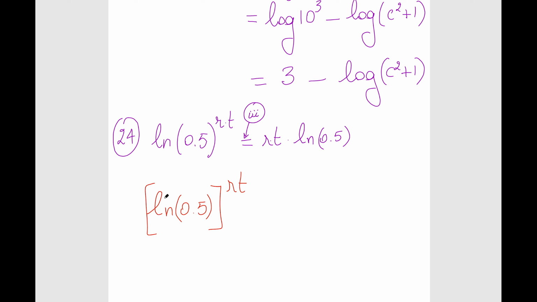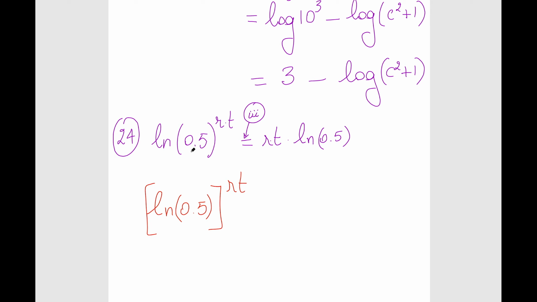What does this mean? How does the red part differ from this purple thing? Here the 0.5 is raised to power rt. Over here, it's the entire ln of 0.5 that's raised to power rt.